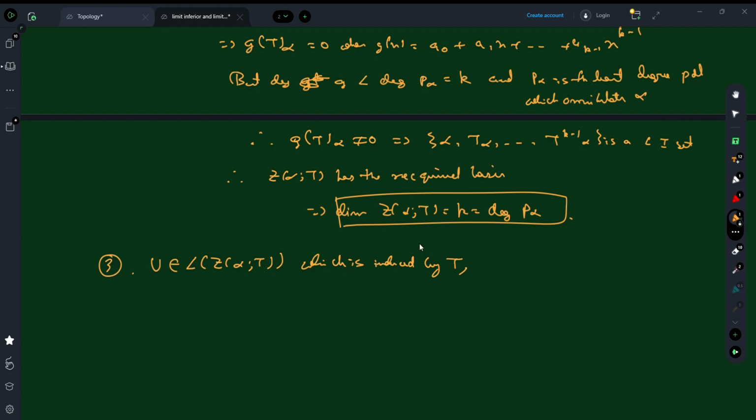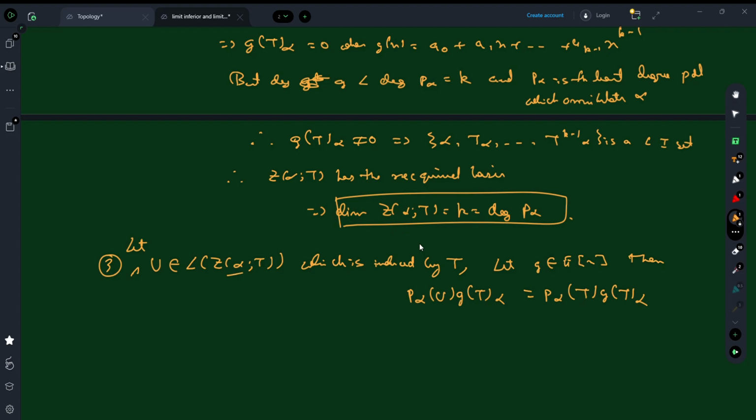then if we choose an element from G, let me just be more formal. So let U be this operator, which is induced by T, and let g be a polynomial. Then what can I say about p alpha(U) g(T)alpha? So this is clearly p alpha(T) g(T)alpha, because U is nothing but the restriction of T to this cyclic subspace.